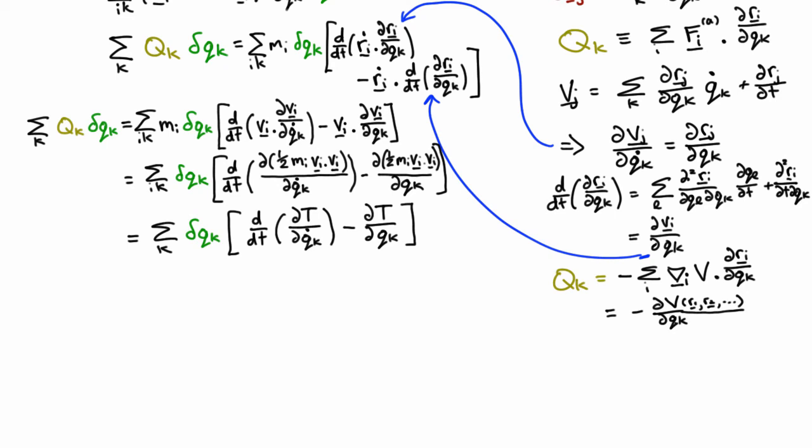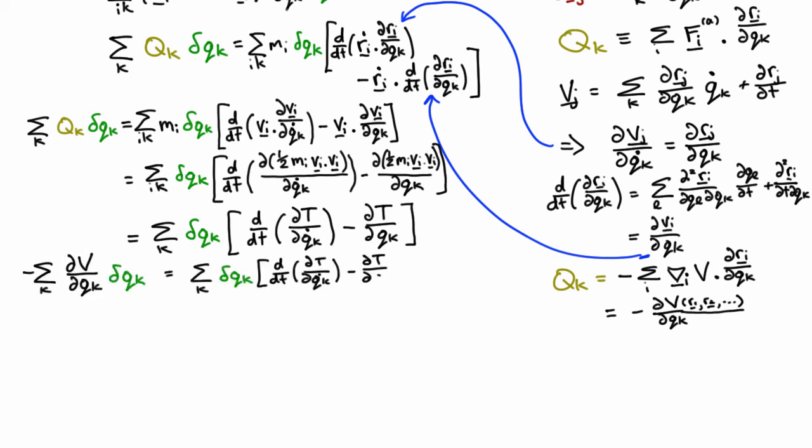So when we come back over to our equation over here, if we put these both on the same side, and we note that this potential only depends on the coordinates and doesn't depend on q dot. So this term is a derivative with respect to qk, so they just add together, except we'll get a T minus a V. And this term, if we took a derivative with respect to q dot, we get 0, so we can put one in there as well. And so when we add all of that together, what we get is this.